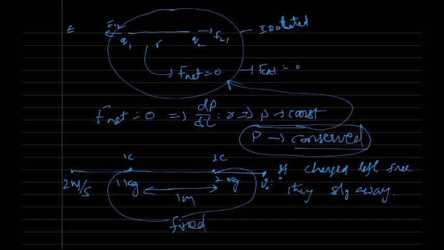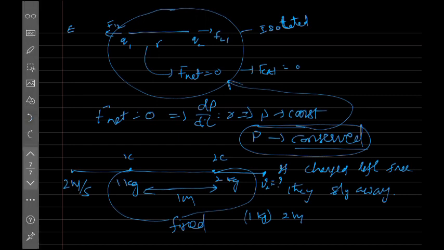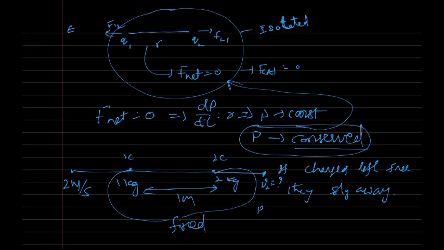You can simply apply the conservation of momentum, like 1 kg into 2 meter per second, or you can go into details: P initial is equal to P final. That implies P initial, for the total system, is 0 because there is no motion, and P final is m1 v1 plus m2 v2.